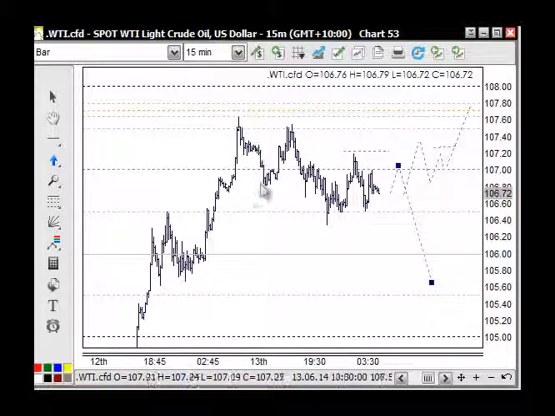Currently we've got this as an A and a B and a C wave here, and that's fine, but the problem is we've got this little ABC here, which gives us the downside. I even think that this little move here can be part of this whole structure that's not completed. It's kind of like a 3rd wave, 4th wave, and 5th wave that never made a new high, a truncated 5th wave.